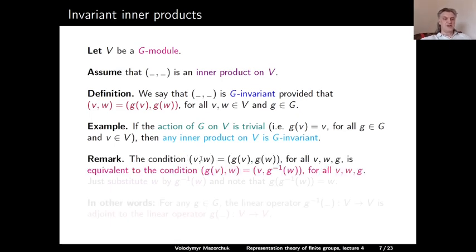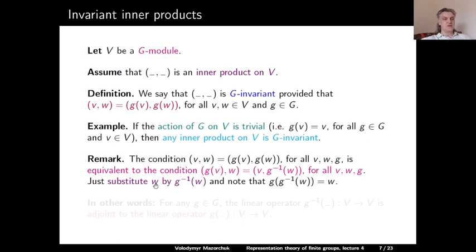Note that the condition that the scalar product of v and w is equal to the scalar product of g of v and g of w for all v, w, and g can be rewritten as a condition that the scalar product of g of v and w is equal to the scalar product of v and g inverse of w for all v, w, and g.